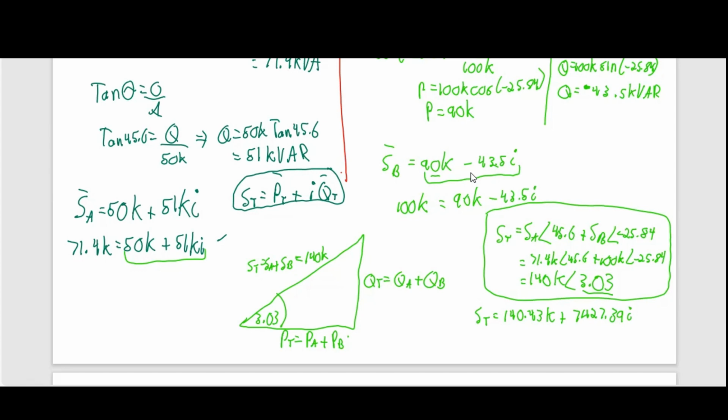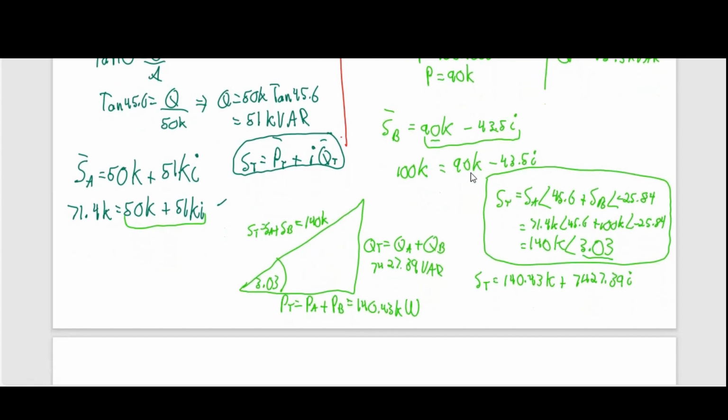Anyway, let us go through. We have S, which is what this is here, 7,427.39, and we know what PT is, let's say 140.43 kilowatts. All right, so that's the overall power triangle.